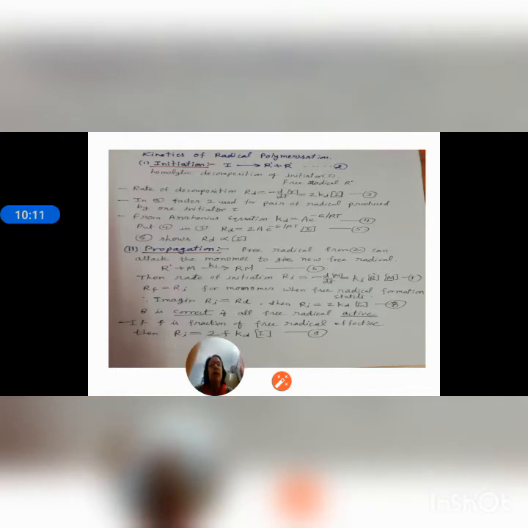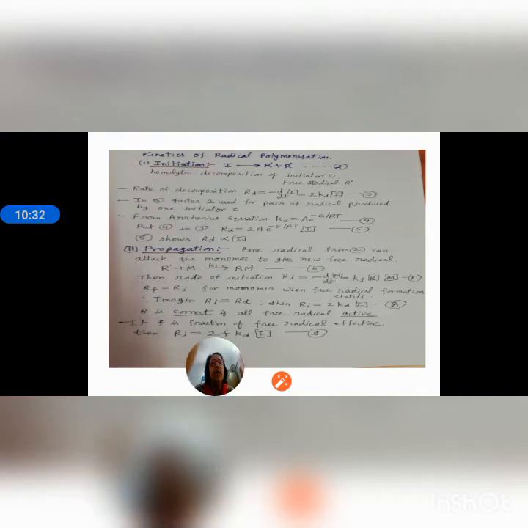Now we start the propagation step. In the propagation step, the free radical formed in equation 2 can attack another monomer to give new free radicals, like R• plus M gives RM•, equation 6.